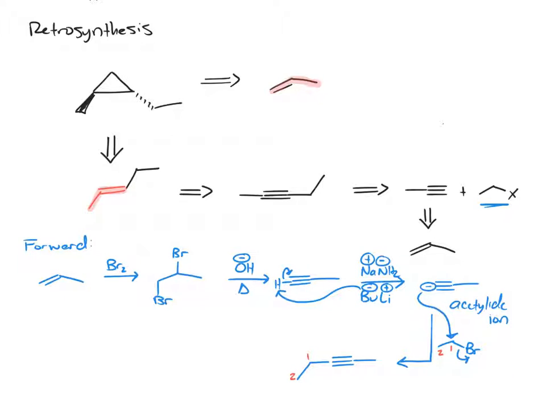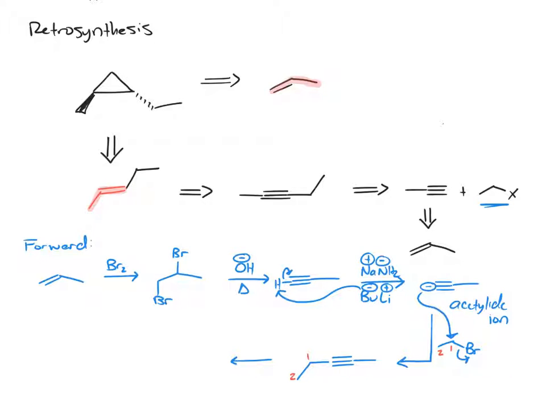Okay. From there, so now we have this di-substituted alkyne, we need the trans alkene. So we need to do a reduction. Our choices to do an alkyne reduction to an alkene, we have the dissolving metal reduction, which will give a trans alkene, or hydrogenation with Lindlar's catalyst, which will give us the cis alkene.